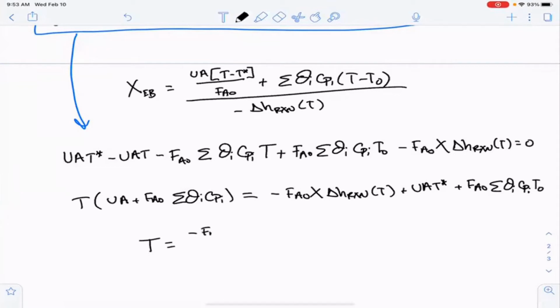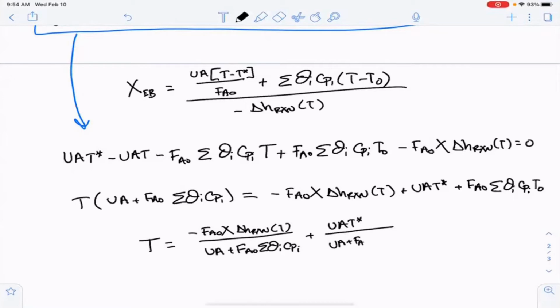That's minus FA0 X times delta H of reaction divided by (UA plus FA0 times the sum of theta_i Cp_i), plus UA times T star divided by (UA plus FA0 times the sum of theta_i Cp_i), plus FA0 times the sum of theta_i Cp_i T0 divided by (UA plus FA0 times the sum of theta_i Cp_i).